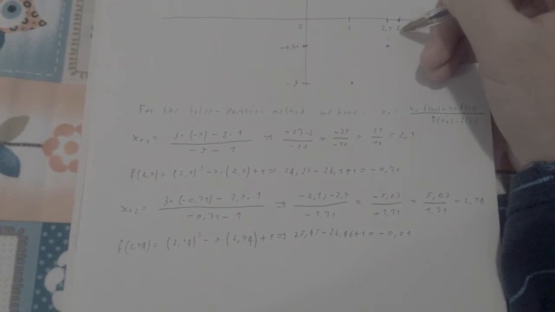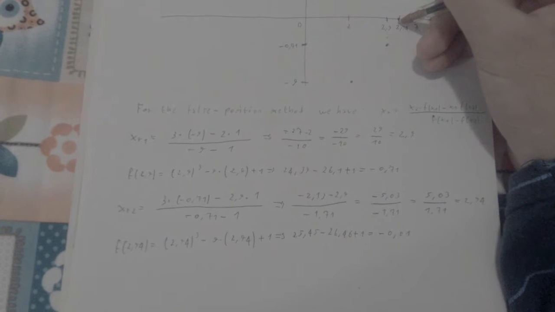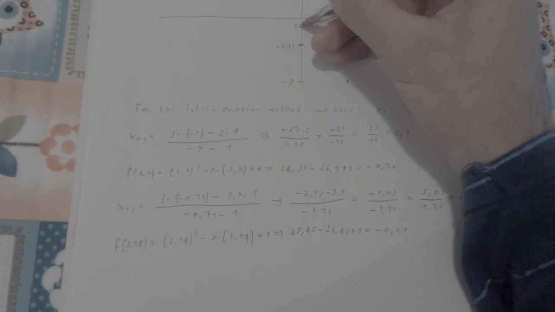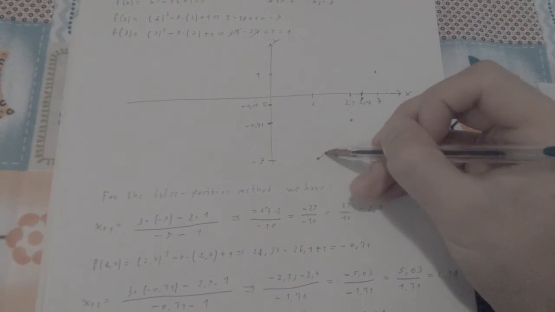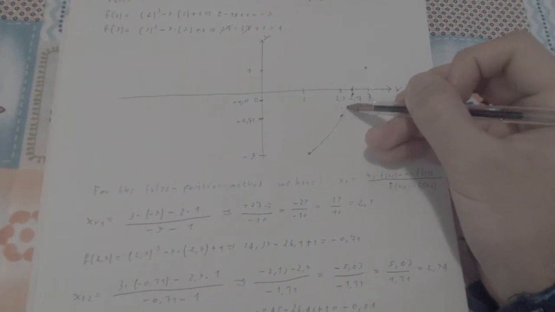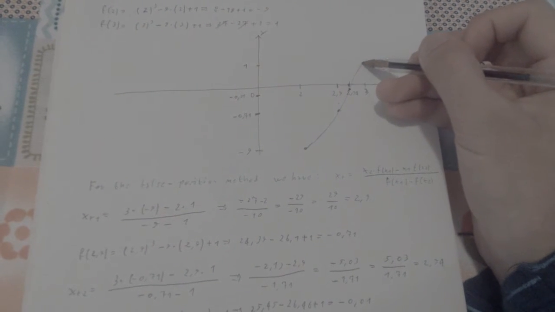So it's still negative, but it's very close. It's very close to being 0. So our best approximation for this function will be this curve here. There we go.